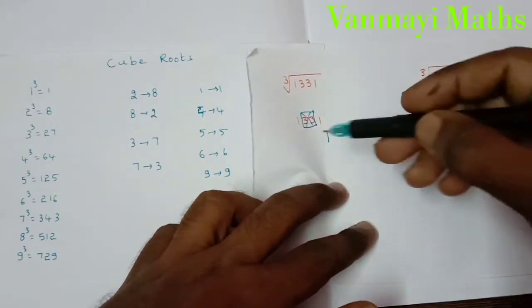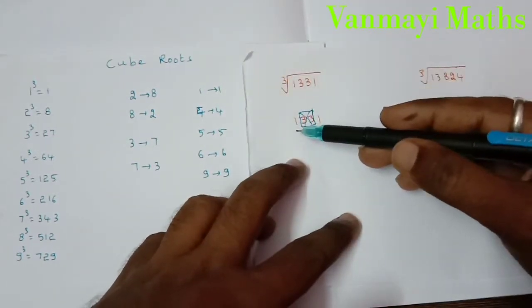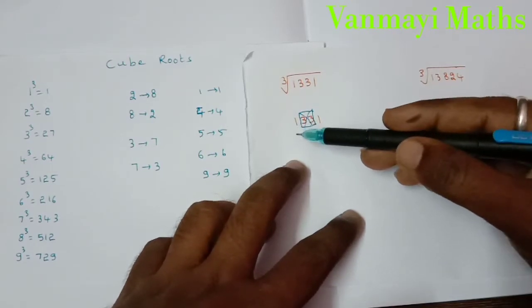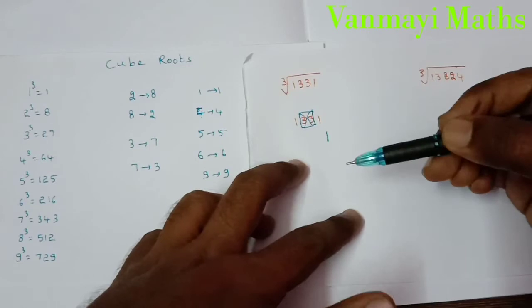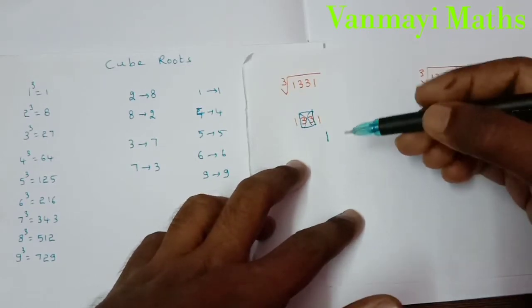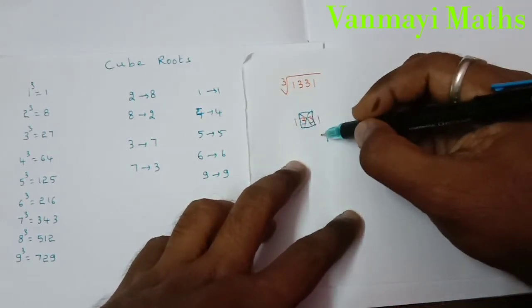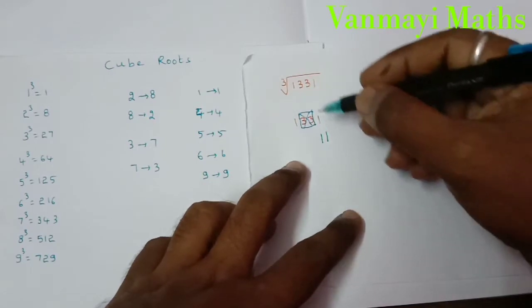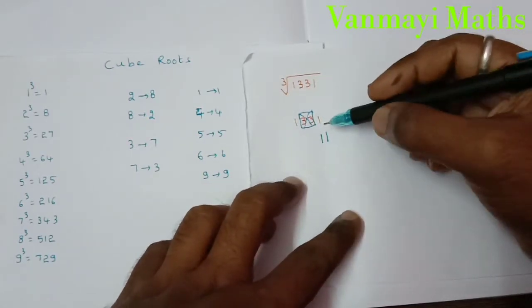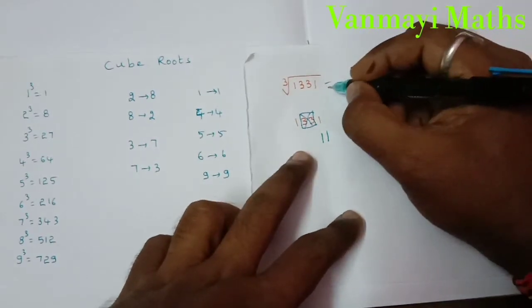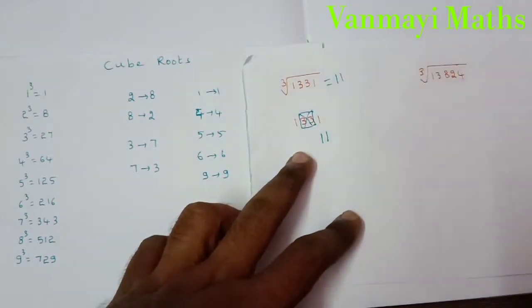And for this digit, you have to observe which cube is nearer to 1. Already you know 1 cube is nothing but 1, so this is also 1, so 11. So 11 is the cube root of 1331.